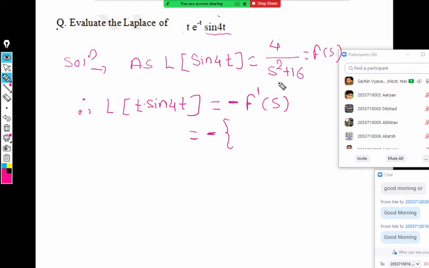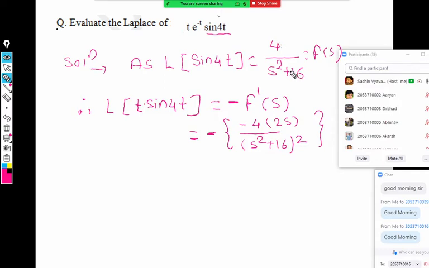The last is actually correct. Only the minus sign is missed. It is like the derivative of 1 by x. The derivative of 1 upon x is minus 1 upon x square. So treat this like x. The derivative of 1 by x is minus 1 upon x square, so s square plus 16 bracket square into the derivative of that bracket. The derivative of the bracket is 2s. This is the way we completed the derivative, or you can use the quotient rule also: denominator into derivative of numerator minus numerator into derivative of denominator upon denominator square.